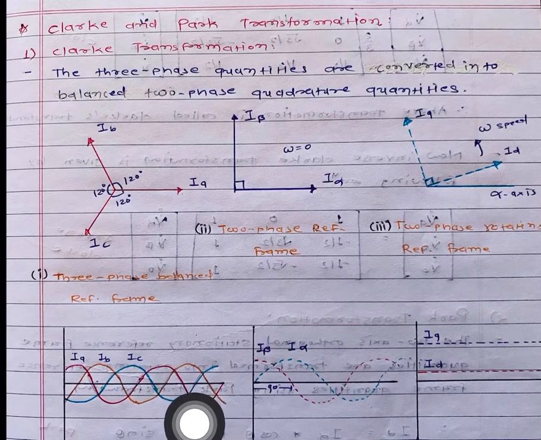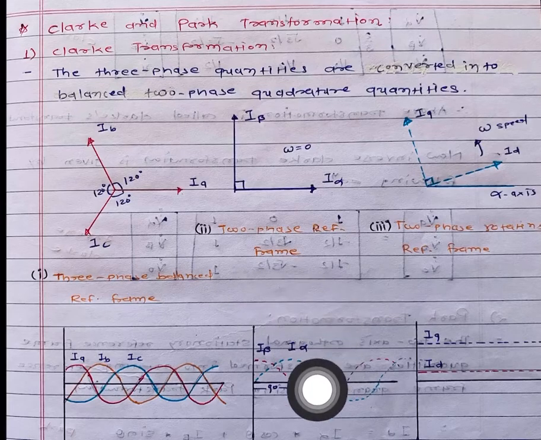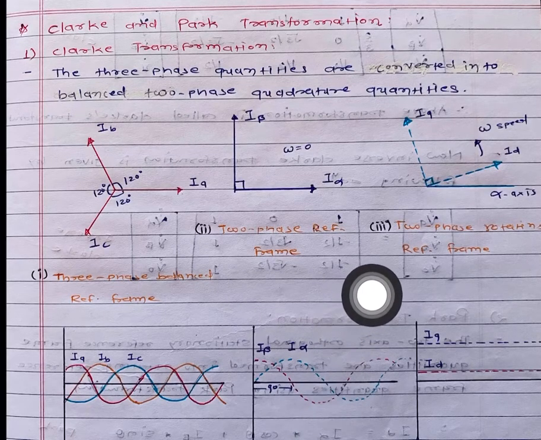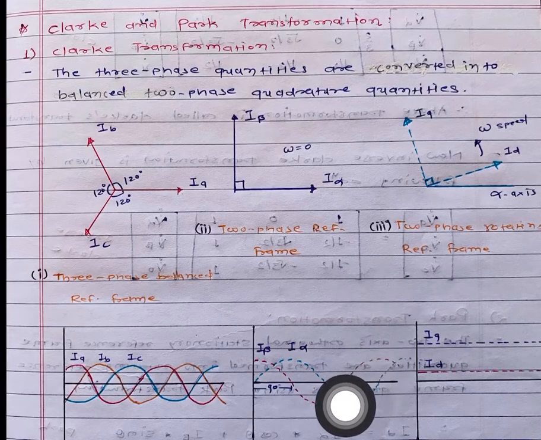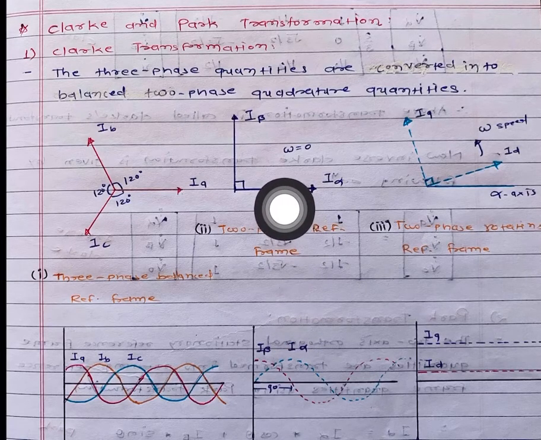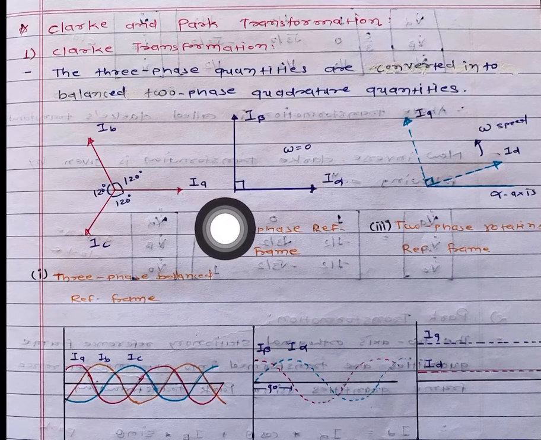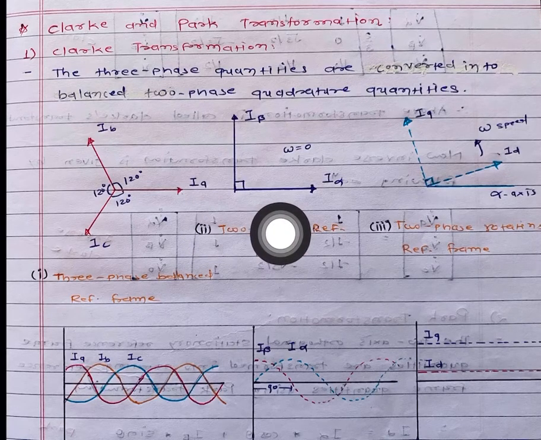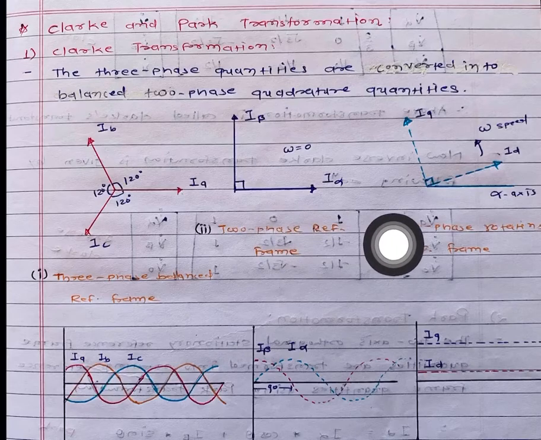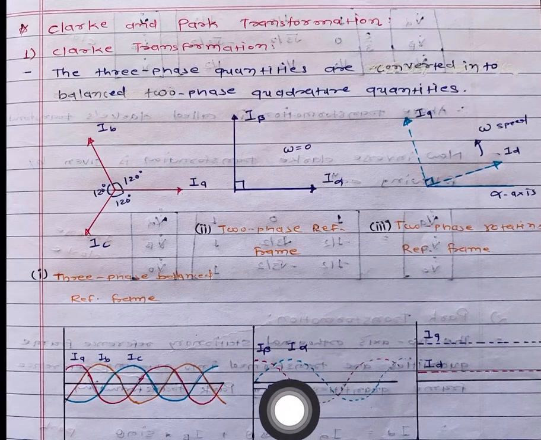So these are the waveforms for the balanced three-phase set, and these are the waveforms of the two-phase stationary reference frame, which are displaced by 90 degrees. The three-phase balanced set is denoted by A, B, C, and the two-phase stationary frame by alpha and beta, and the rotating reference frame by D and Q. So alpha and beta are displaced by 90 degrees.